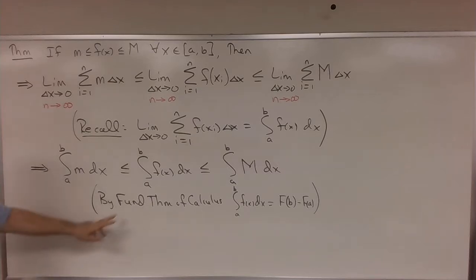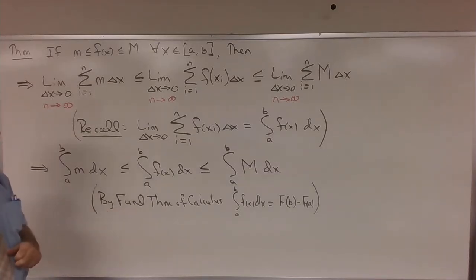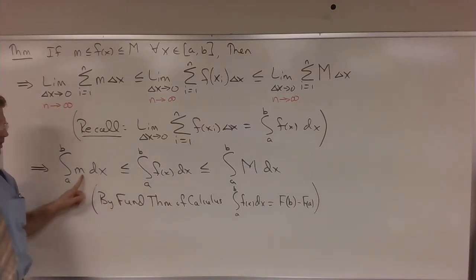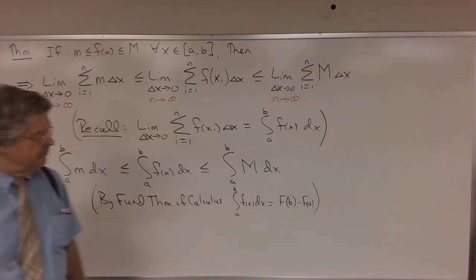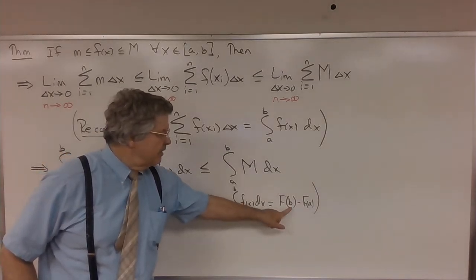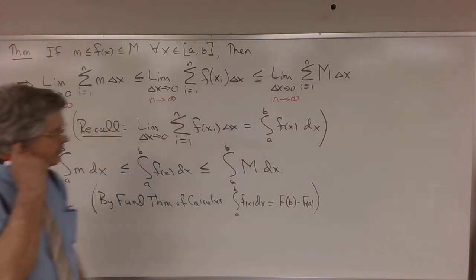We'll assume that we have this in evidence. How do we compute a definite integral? Compute the antiderivative of the function. Plug in the upper limit, plug in the lower limit, and subtract.